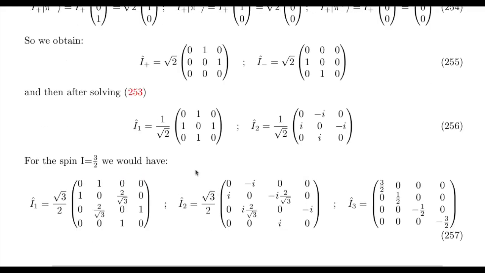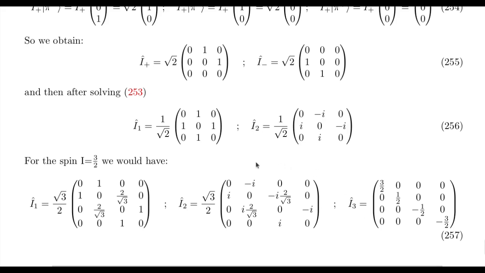If we have isospin 3/2, that means we have a particle with 4 different states, for example the delta baryon. Then we need 4 times 4 matrices, and we have then in I3 the values of the 4 states: plus 3/2, plus 1/2, minus 1/2, and minus 3/2.